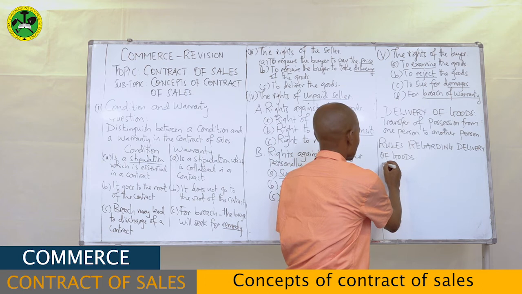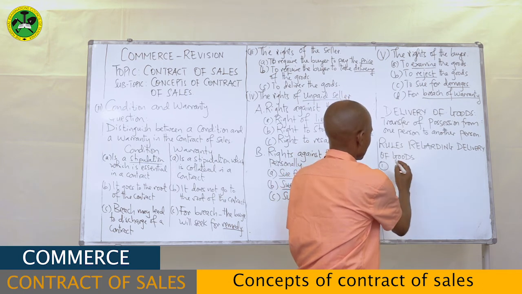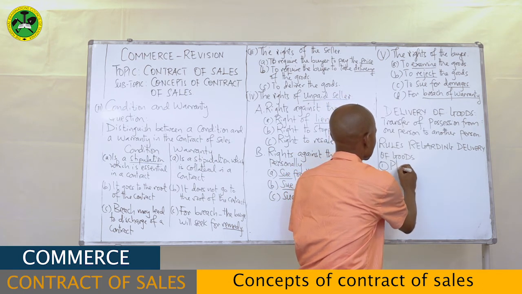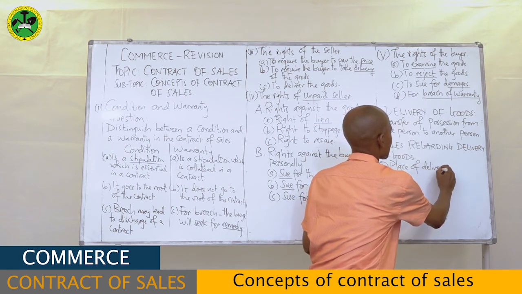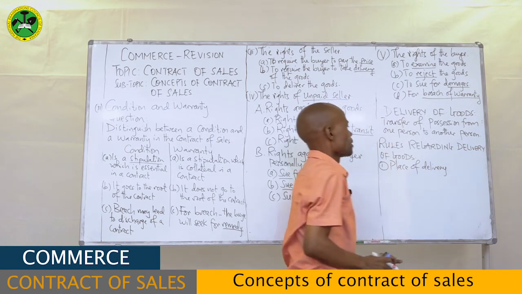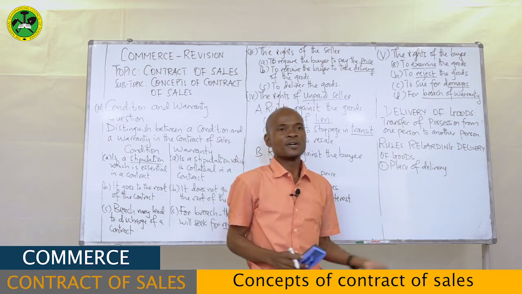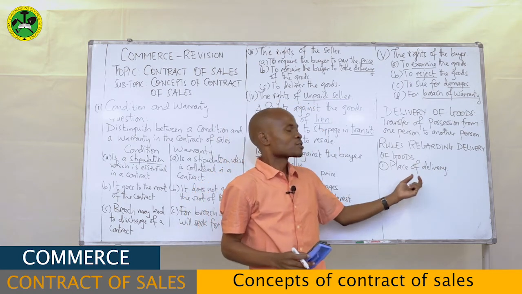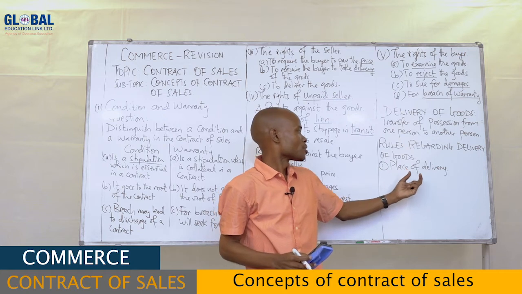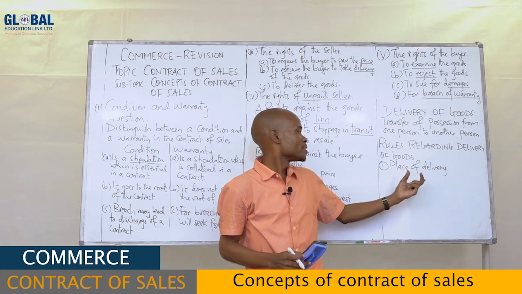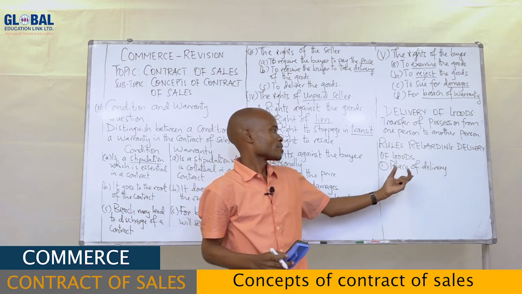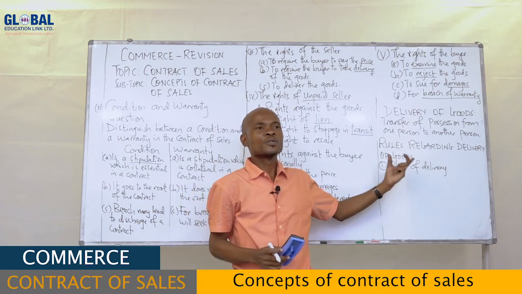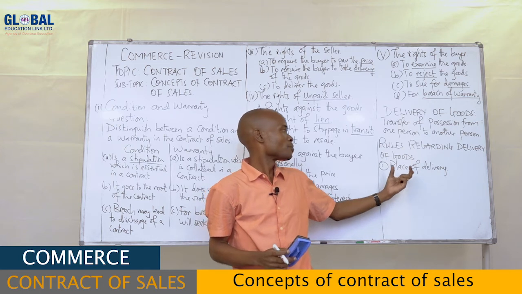Number 1, we have place of delivery. The place where the goods will be delivered must be mentioned in the contract that the goods will be delivered at a certain place.